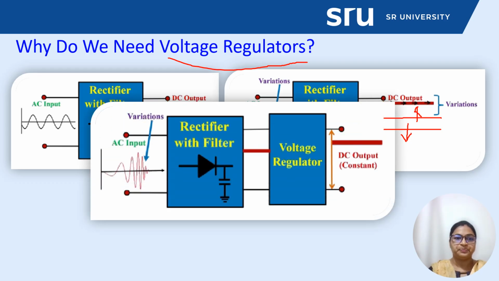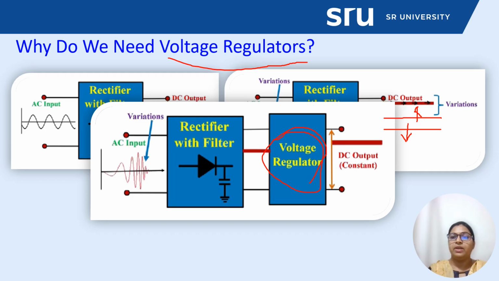Now suppose we have an input signal with too much variation, and here we get the output of the rectifier with the filter we have added. And in addition, if we add a voltage regulator here, the hero of modern electronics, we can get a constant DC output over a broad range.